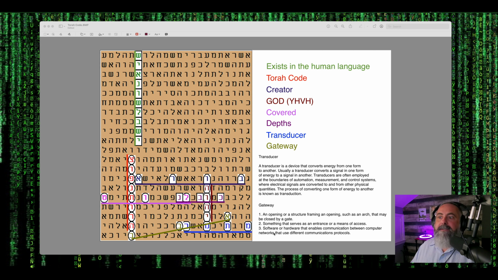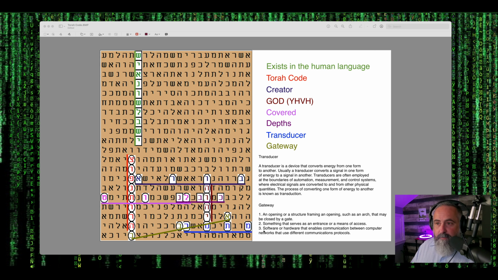That's the most basic description of a gateway. Then we have something that serves as an entrance or a means of access. Now think of that in terms of the Bible code and the Bible itself. The Bible is a gateway to the code that is contained within it.